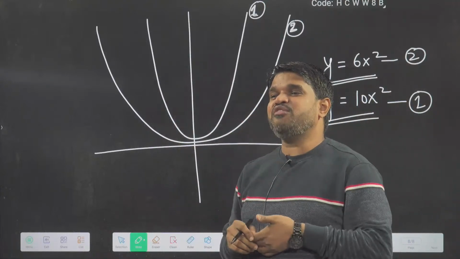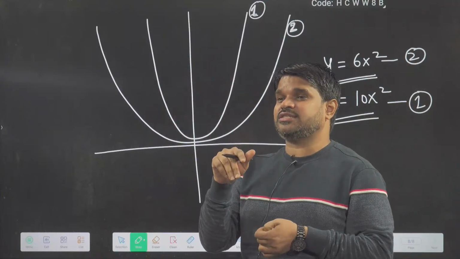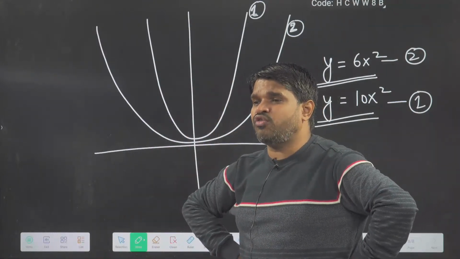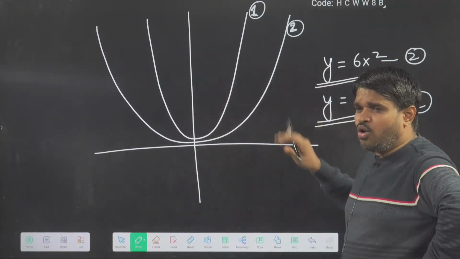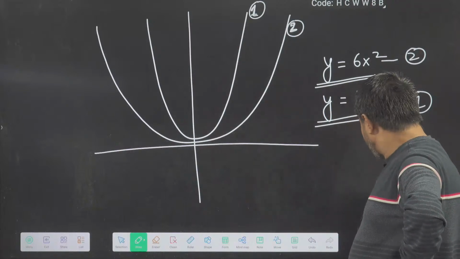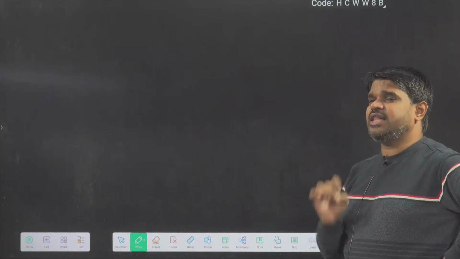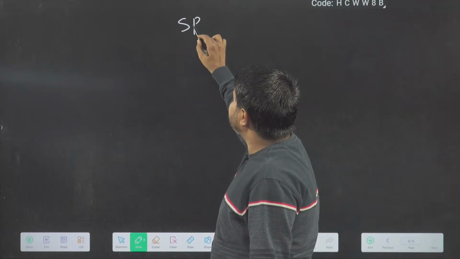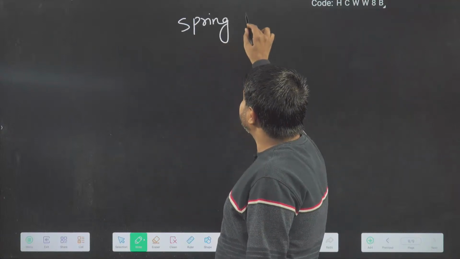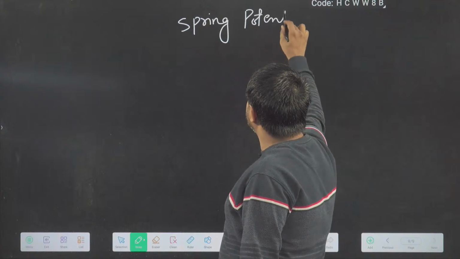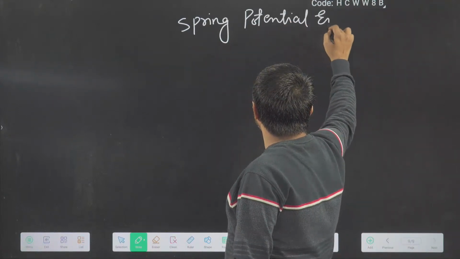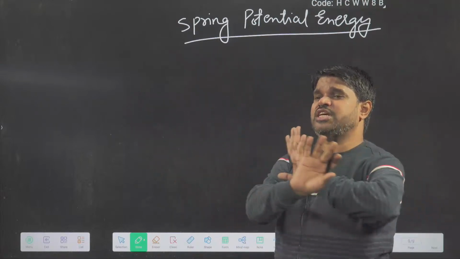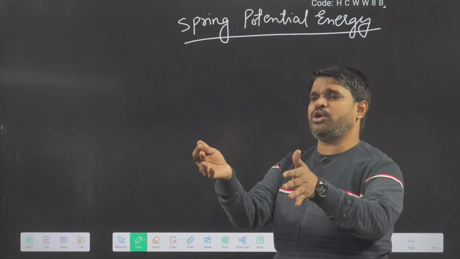Now let me give you one equation from physics where you can feel that this is definitely going to be useful for us. There is something called spring potential energy. We need not go into physics. What is meant by spring potential energy?